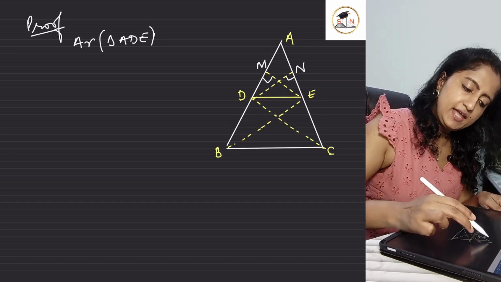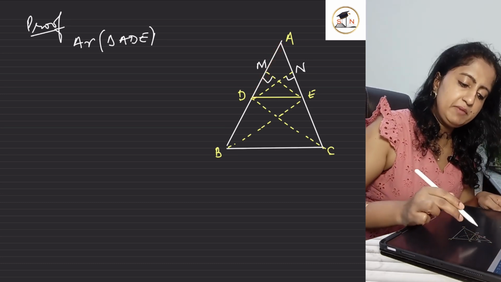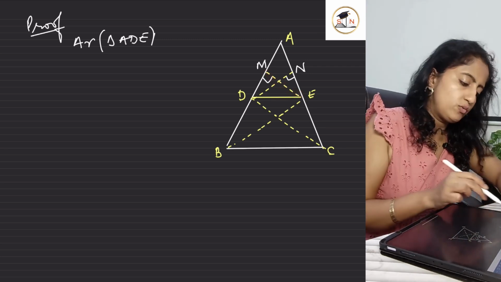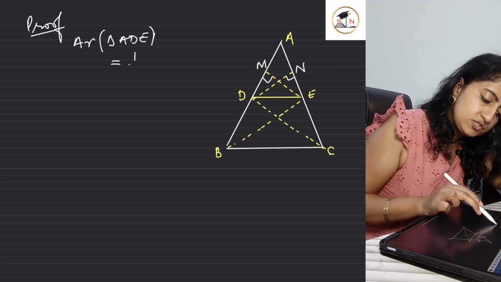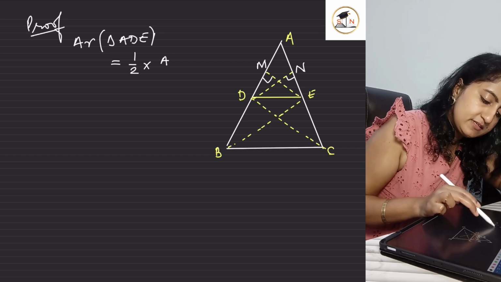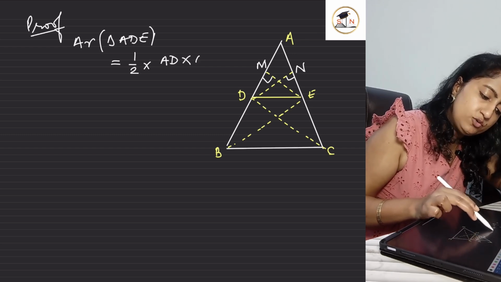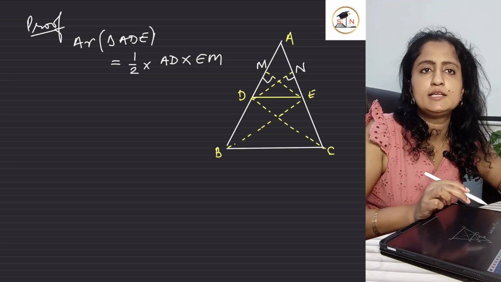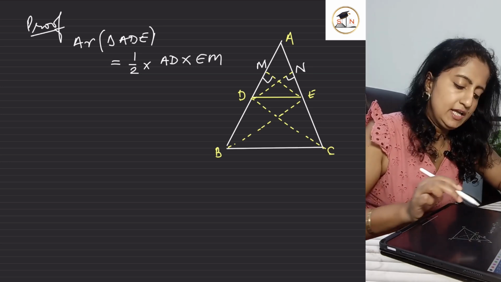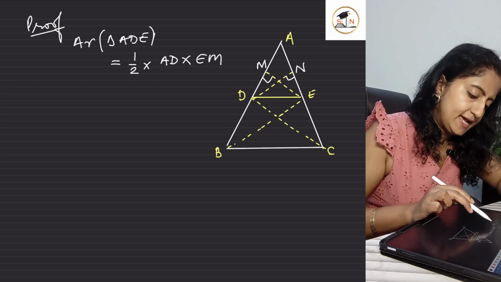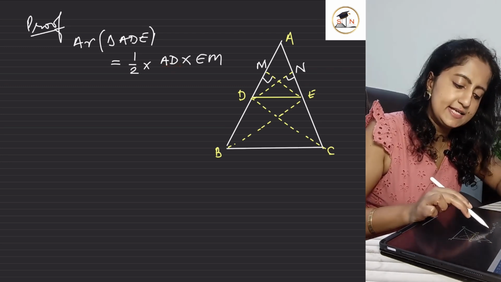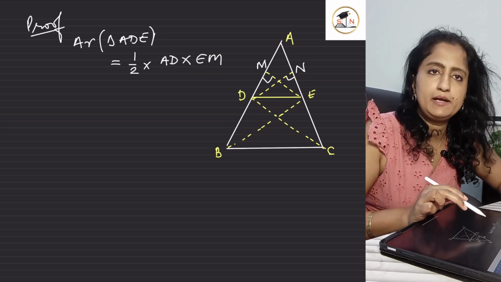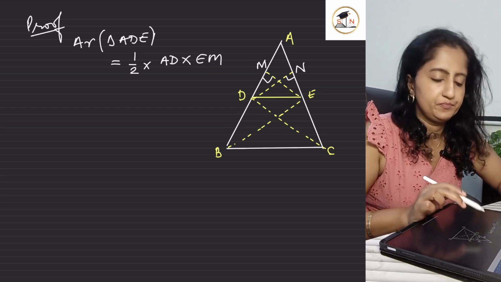If AD is my base, that means EM is the perpendicular, right? So what is going to be the area? It is going to be half times AD into EM. The formula for the area of a triangle is half base height, right? So I have written base as AD and height as EM because we drew a perpendicular. So perpendicular means it's the height.